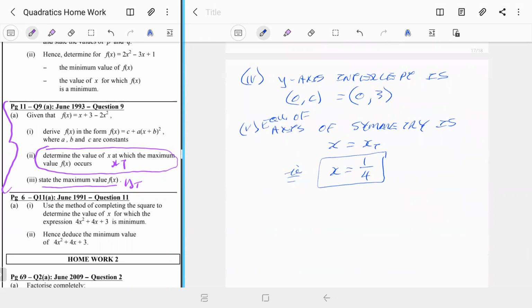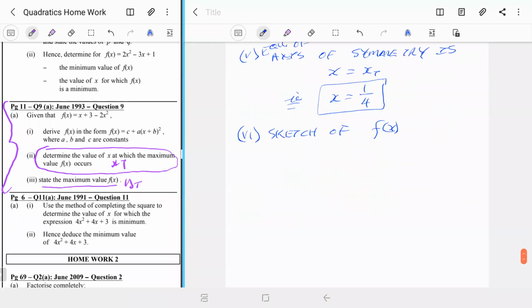And suppose there's another part, a sketch of f of x. I would have to look at the a to see that, because a is -2, which is less than 0, or negative. The graph has a frown shape. When it has a frown shape, it will have a maximum point.